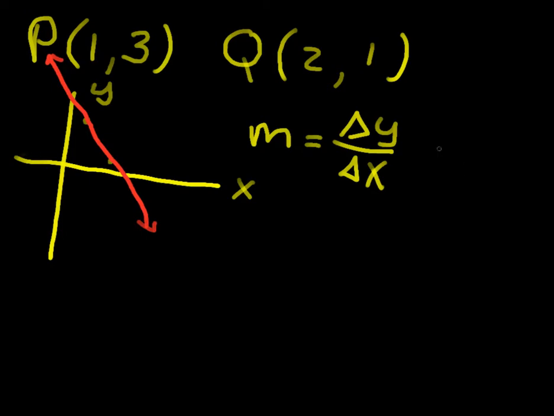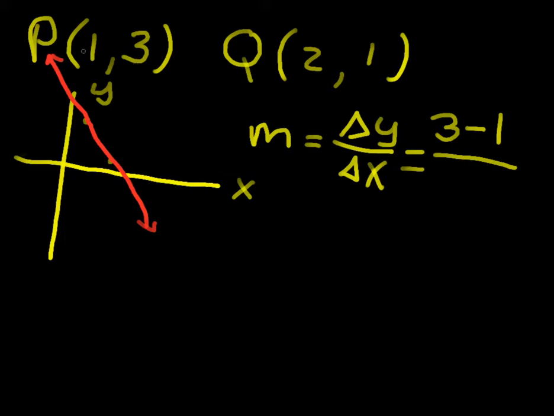So change in y simply says, okay, let's look at the difference of my 2 y points. My first y point is 3, the second one is 1. So the change in y is 3 minus 1. Whereas the change in x, again, I'm going to use the same order. I can't switch orders. So I use 3 here and 1 there.